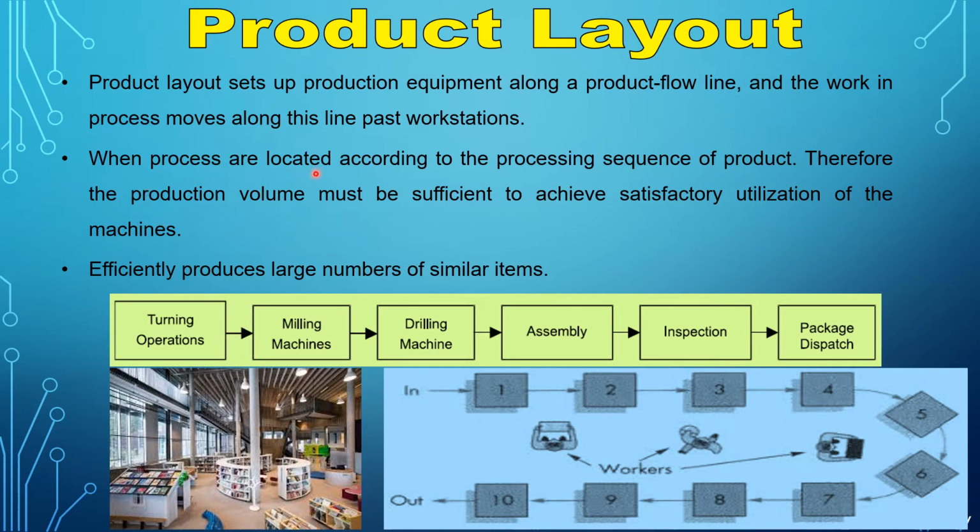When processes are located according to their processing sequence of product or operation, production volume must be sufficient to achieve satisfactory utilization of all the machines, because machines are arranged in a proper sequence. Like this one, material enters from here and it will come out accordingly at this end.